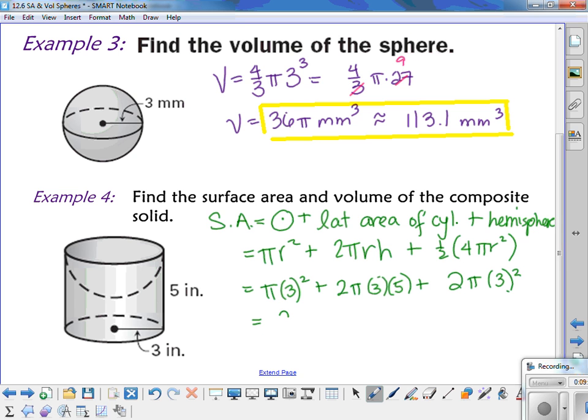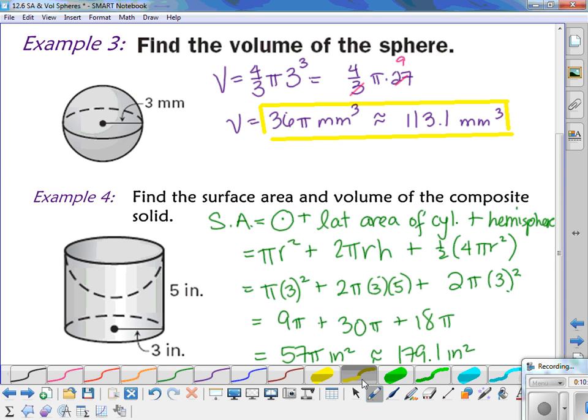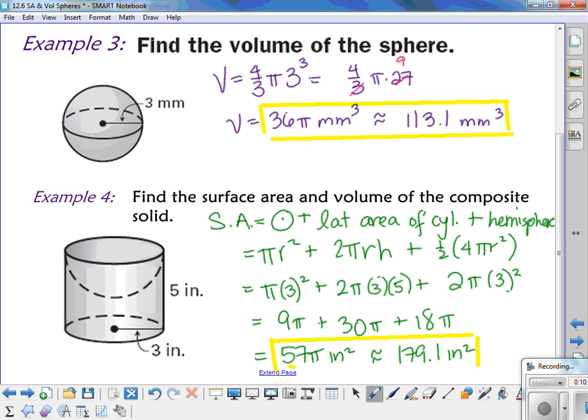All right, so I got 9 pi plus 30 pi plus 9 times 2, 18 pi. So adding that all together, I get 57 pi inches squared. And in the calculator, that comes out to 179.1 inches squared, and that is my surface area for the composite solid.